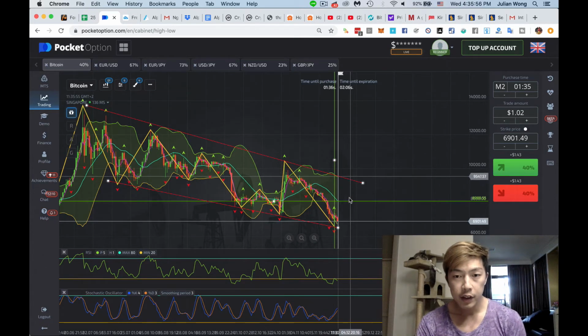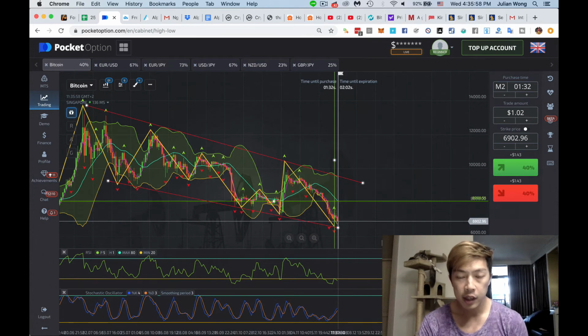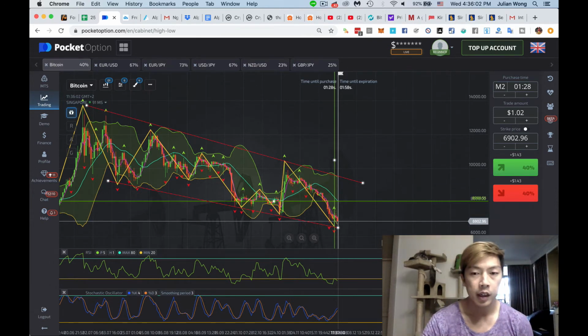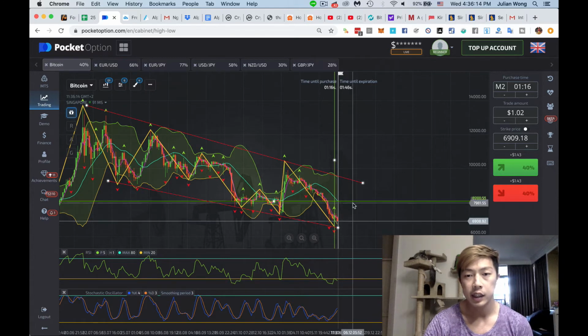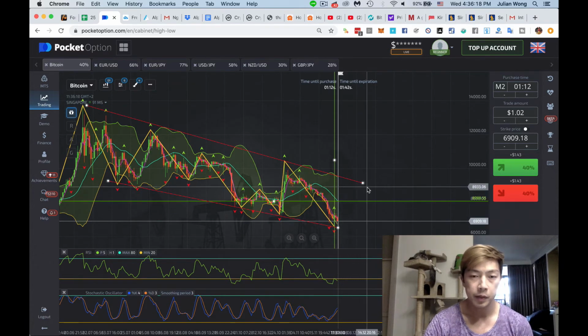So we have a defined range on the daily chart, and what is also interesting is that I'm seeing some kind of, notice that there is a lower peak and a higher one here. So we're looking at the possibility of a divergence pattern happening on the RSI, and that will cause a movement to the upside.